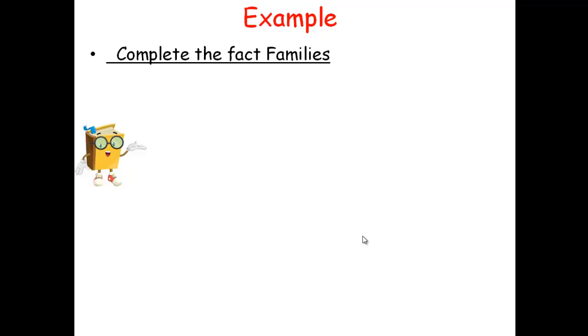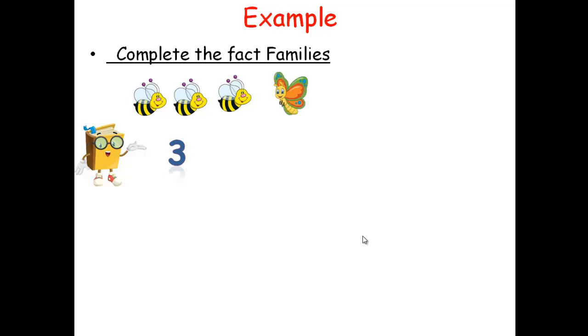I need to complete the fact families. Now, I have here 3 bees. So this is the first part. Now, the other part that is joining the 3 is butterflies. How many? Very good, 4.